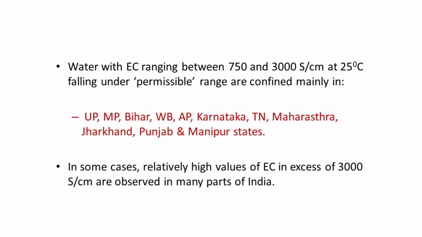The areas where we get water with EC ranging between 750 to 3000 µS per centimeter are Uttar Pradesh, MP, Bihar, West Bengal, Andhra Pradesh, Karnataka, Tamil Nadu, Maharashtra, Jharkhand, Punjab and Manipur. In some cases, relatively high values of EC in excess of 3000 µS per centimeter have been observed in many parts of the country.